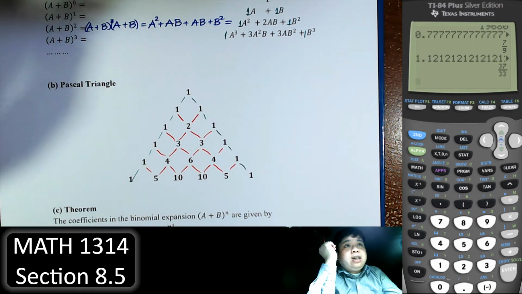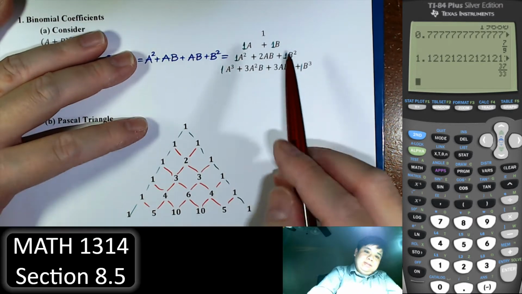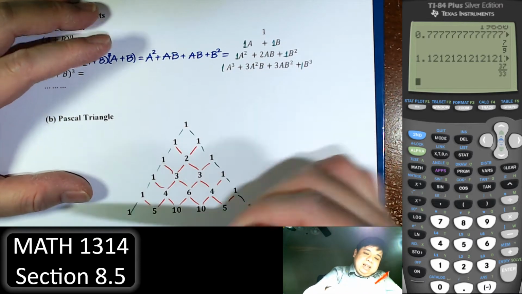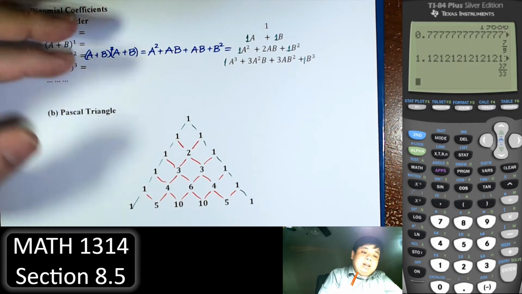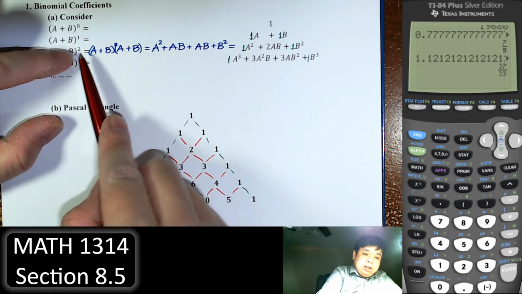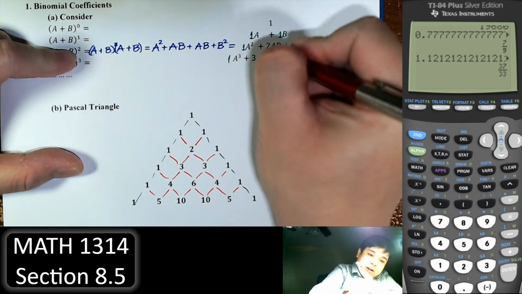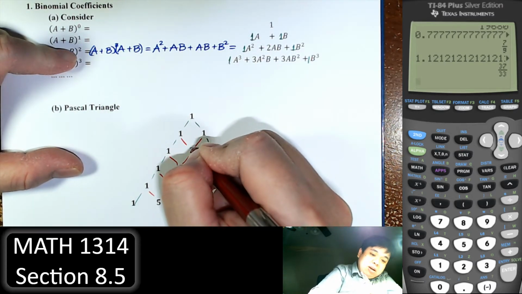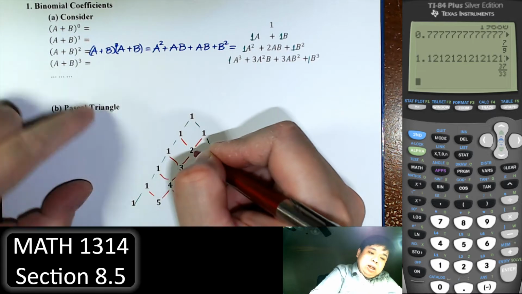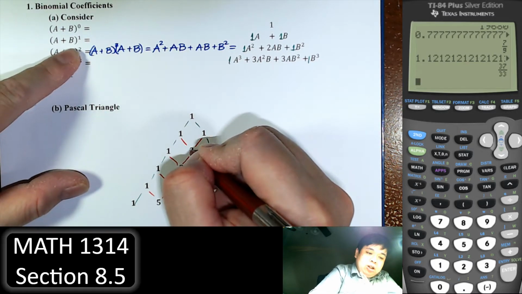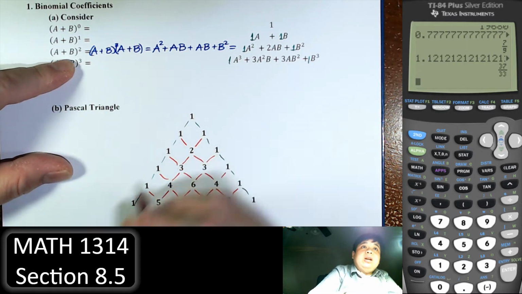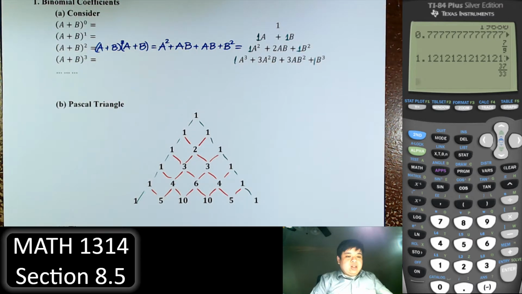So we see that this can go on forever, and whatever the power is corresponds to the first number that is not equal to 1. So if it's the second power, it's going to be 2, and the third power is going to be 3, and so on. So this is Pascal's triangle.